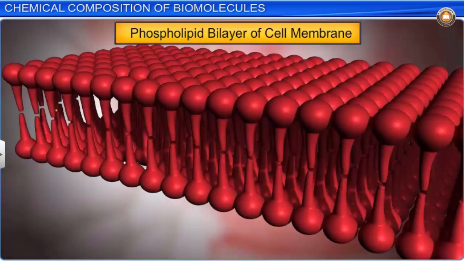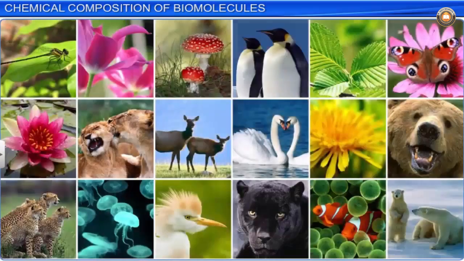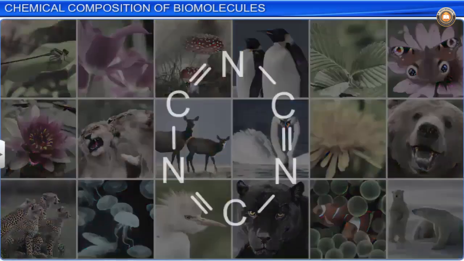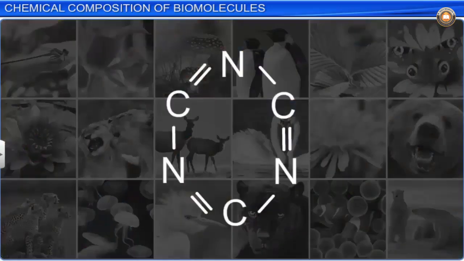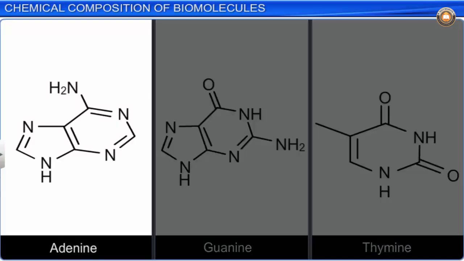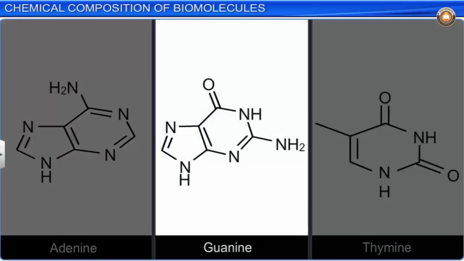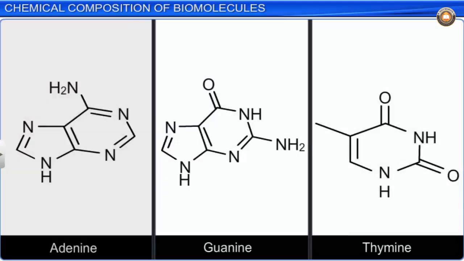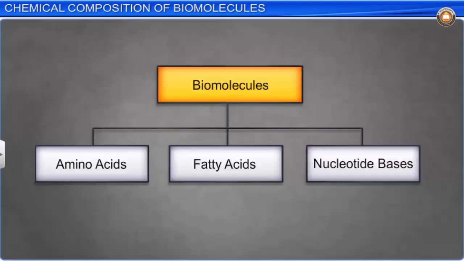Living organisms also have many carbon compounds with heterocyclic rings, such as adenine, guanine, and thymine. These compounds are called nucleotide bases, and they are important biomolecules.